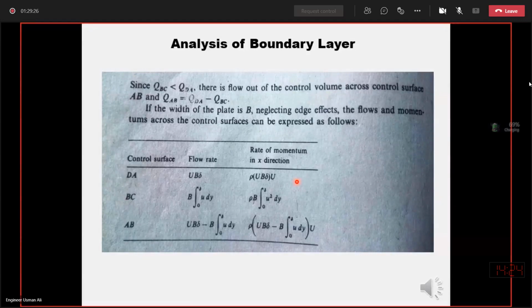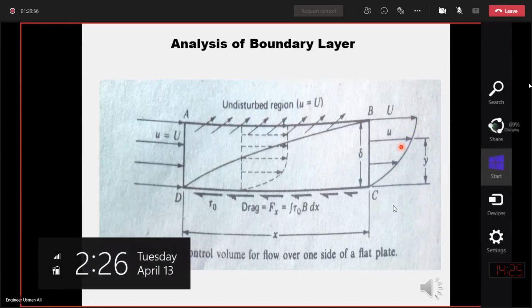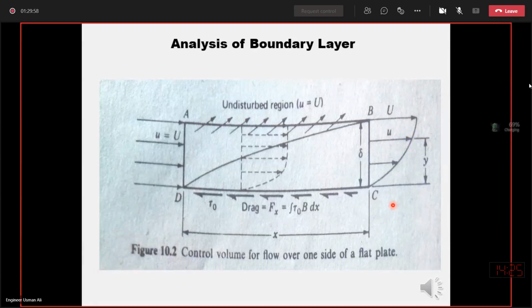Similarly, we can write the flow rate and the rate of momentum for the control surface BC. How much is the flow rate leaving this surface? Again, it is velocity into the surface area of flow. Because the velocity is varying, first of all, what will be the differential flow rate?